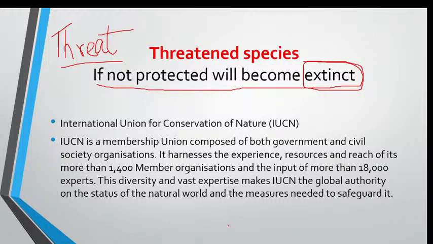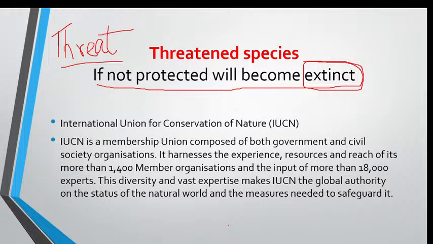The IUCN is very important from an exam point of view. The International Union for Conservation of Nature, IUCN, has recognized 4 categories of threatened species. IUCN is a membership union composed of government and civil society organizations. Lots of organizations involved in conservation activities come under IUCN.